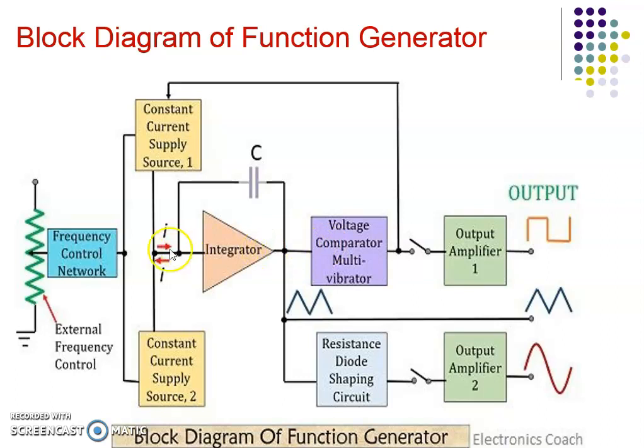So integrator, when any constant current source is provided for the capacitor, so capacitor charges and discharges linearly. So we have seen many times the charging and discharging of capacitor. So you can see from this triangular shape that, so this is called charging of the capacitor. This capacitor charges very linearly because the current is constant.